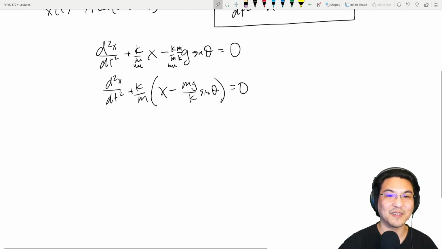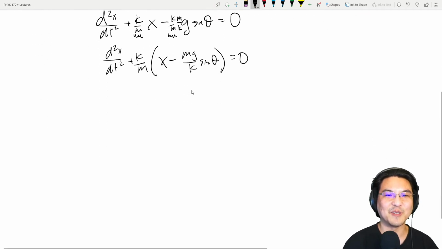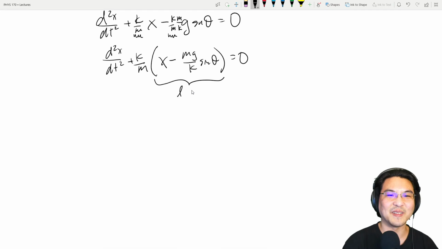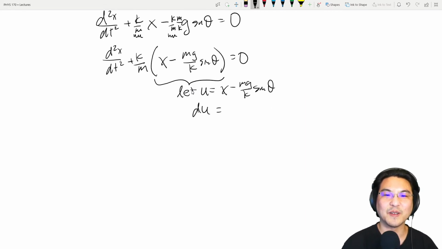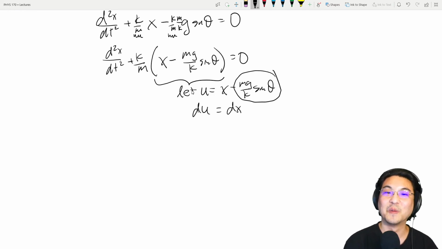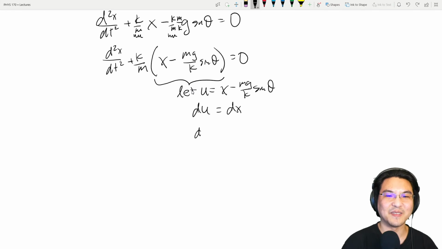But the trick, I can do a substitution. Let's say u equals this whole thing. And then what's the derivative? The derivative of a constant is 0. Right? And then same, if you do another derivative, these are the same. So this is here.